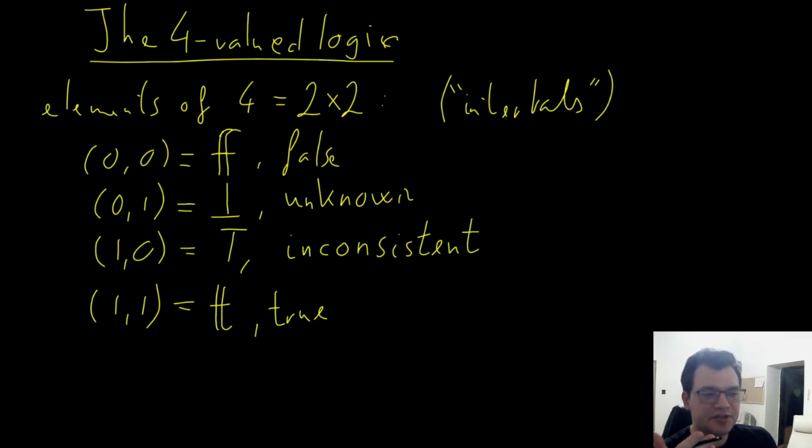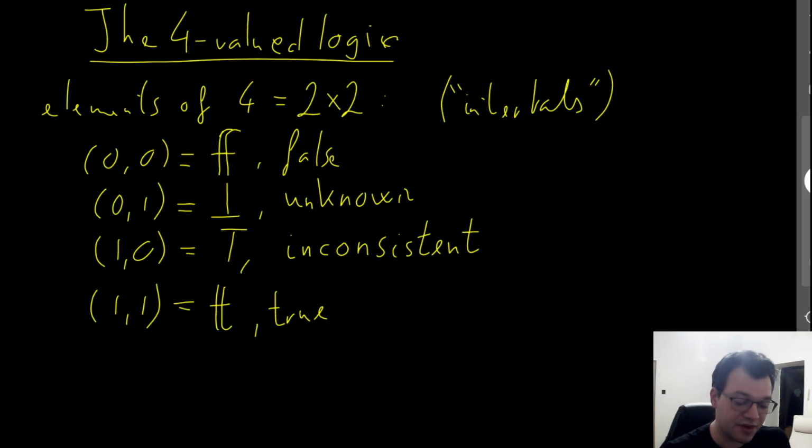And this also makes sense, because if you see this as an interval, then this interval is empty, because there is no logical value which is at least 1 and at the same time is at most 0. So there are no logical values which can satisfy these two conditions and belong to this interval.